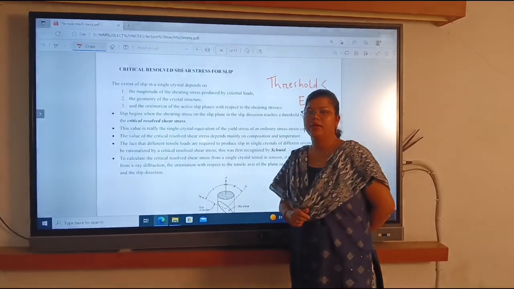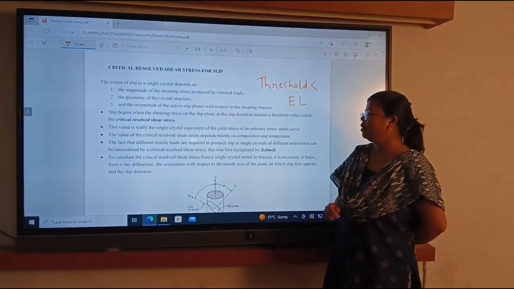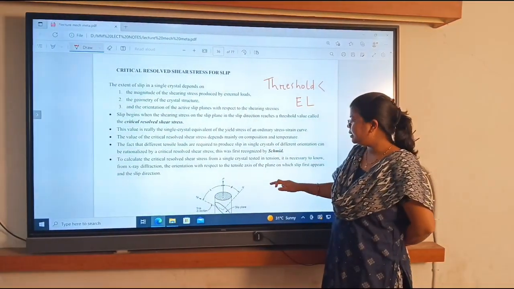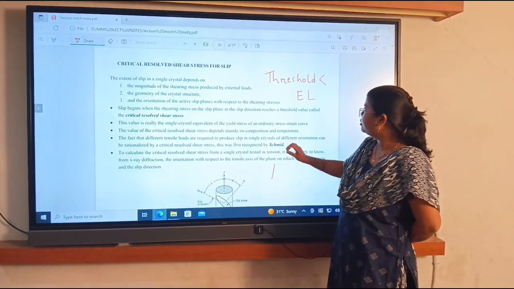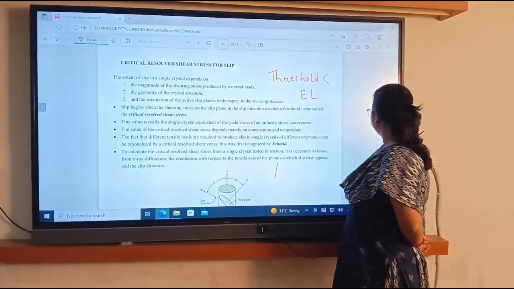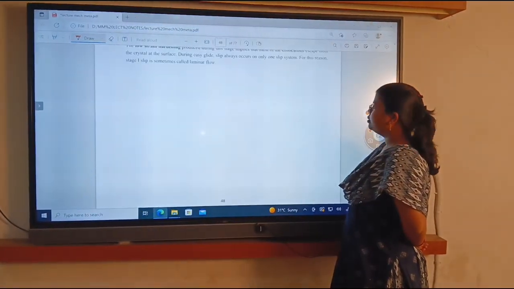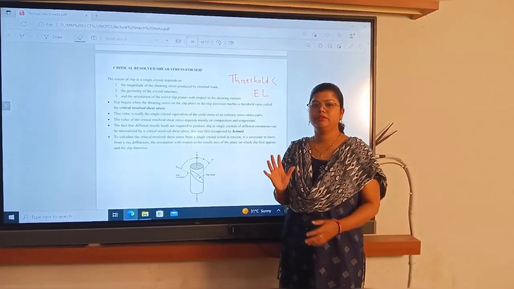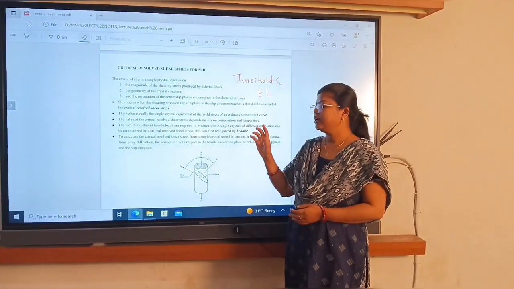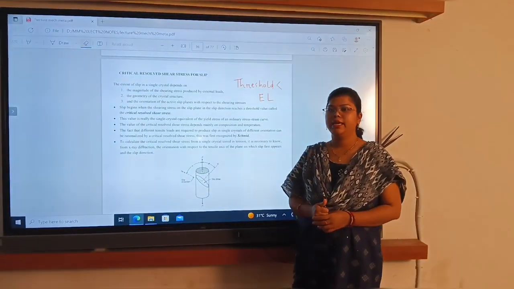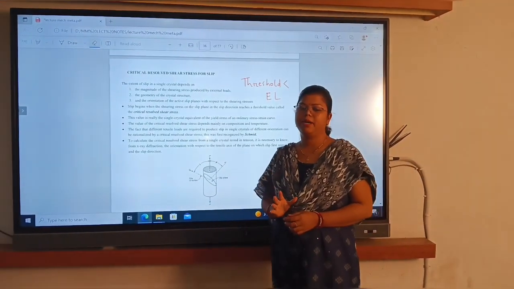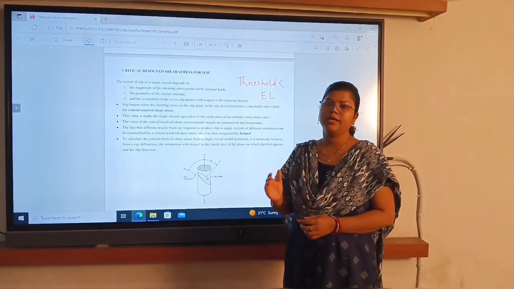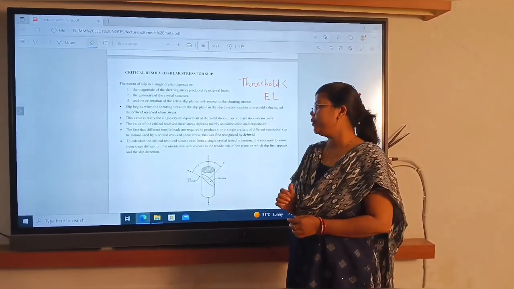Whenever this happens, then only slip occurs. As it is written here, the threshold energy is the internal energy of that particular material, single crystal, and EL is the external load which is applied from the external side so that the slip can happen smoothly.